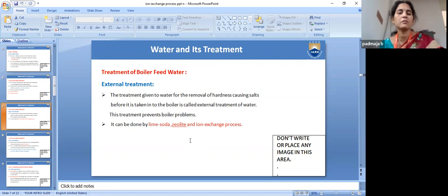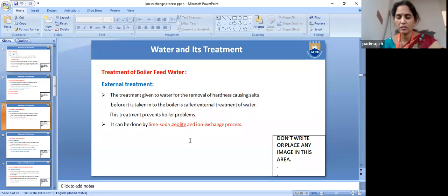When we add sodium carbonate to water, it reacts with the hard salt present in the water, either calcium or magnesium, and converts it into calcium carbonate, which is an insoluble precipitate.